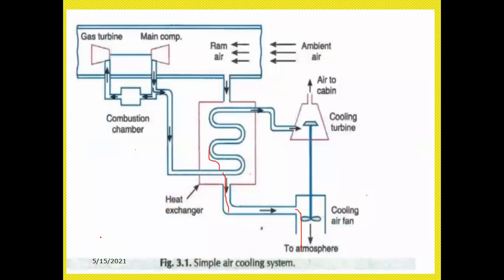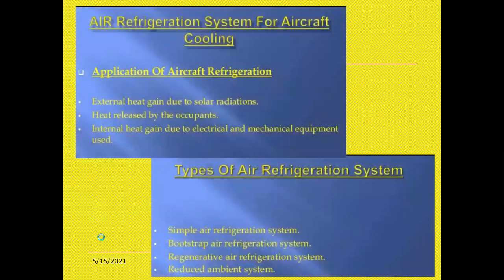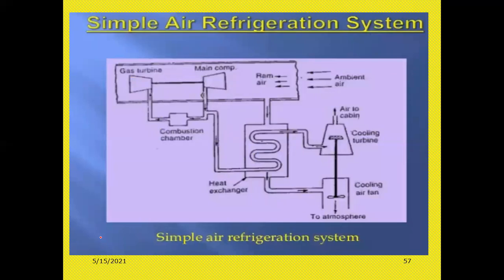See here, the simple air cooling system or simple air refrigeration system, right? So here the ambient air is passing into the chamber. There, the air is passing from the main compressor through the gas turbine and the combustion chamber, and it is passing into the heat exchanger. There, it is passed by the cool fan to the atmosphere.